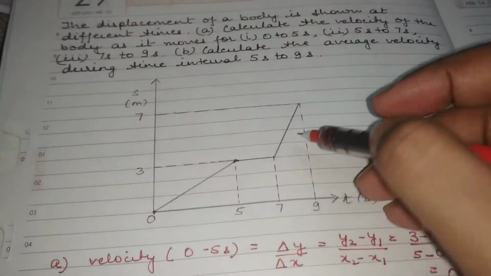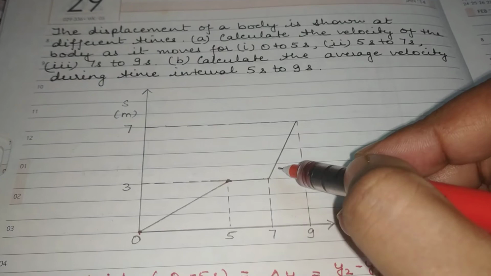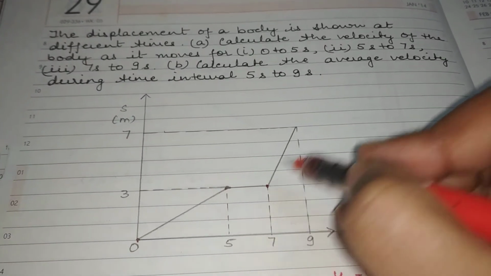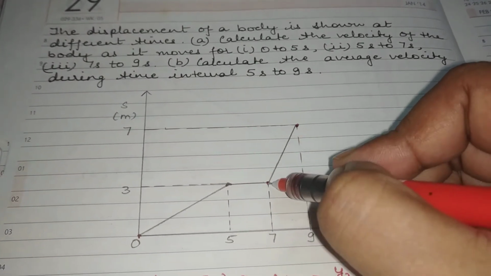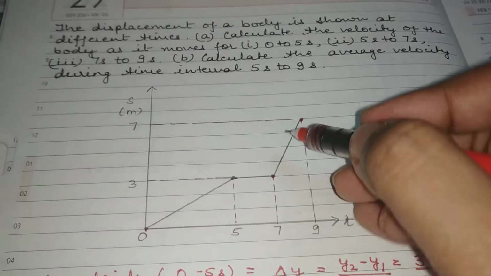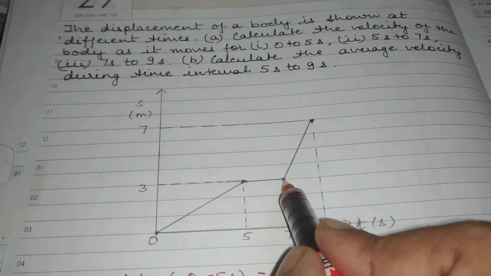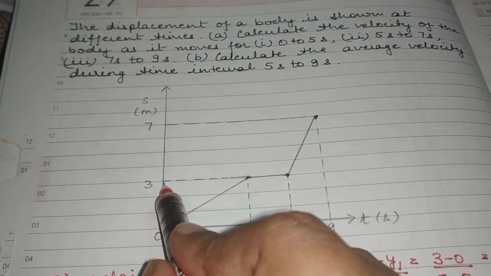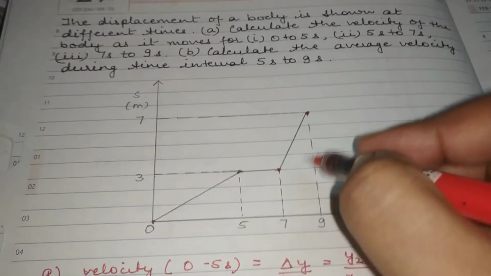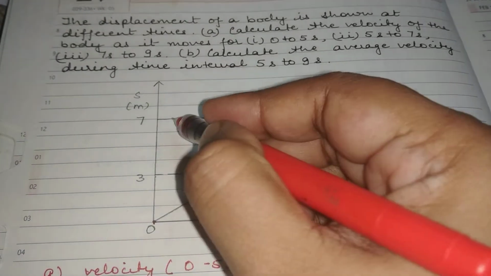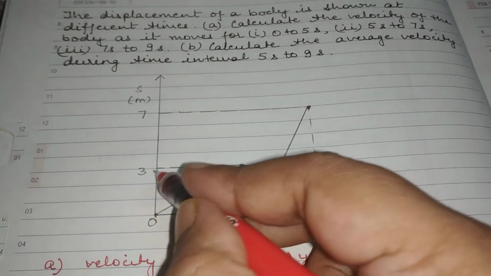So what is y2 here now in this region, you tell me? This is the initial point, this is the final point, right? The graph goes like this, that's why. So y2 will be 7 and y1 will be 3. Am I clear? On the y-axis, from this point to that point, y2 is 7 and y1 will be 3.